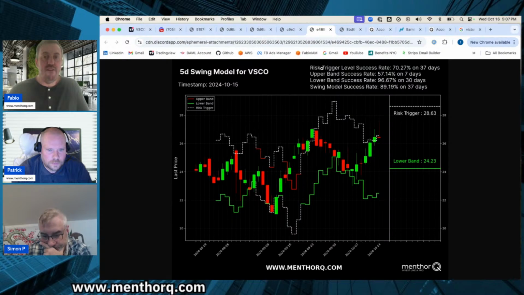You do have the risk trigger success rate up here. The reason why we don't do that is because the model is also directional. So if we are able to predict the direction, then suddenly the risk trigger will be broken at some point, because if you're able to detect the trend, then obviously the level there will be broken. But we do consider the upper band and the lower band within the success rate of the model.